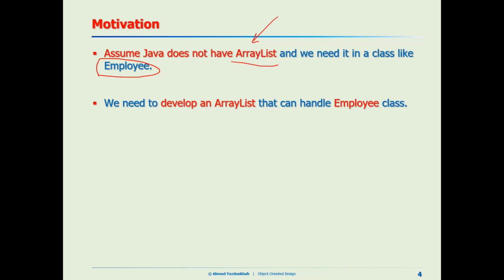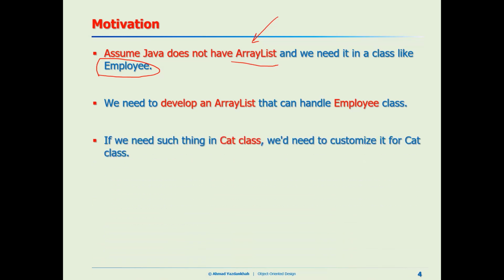specifically for the Employee class. And let's say later on we need something for the Cat class. Now we need to customize that ArrayList for the Cat class, and so on.